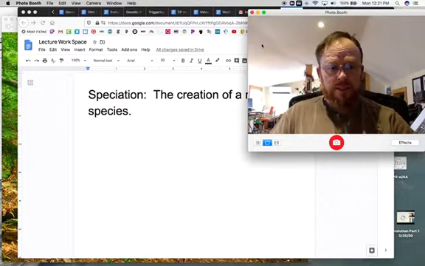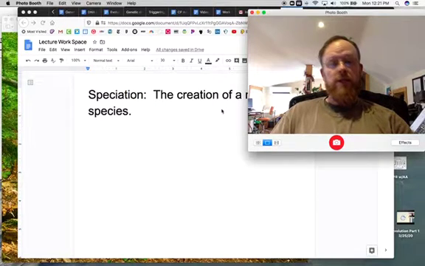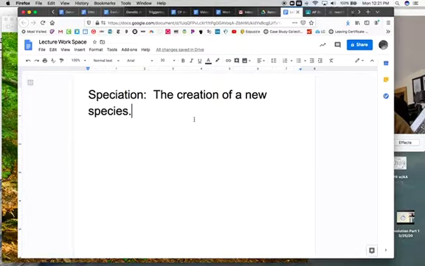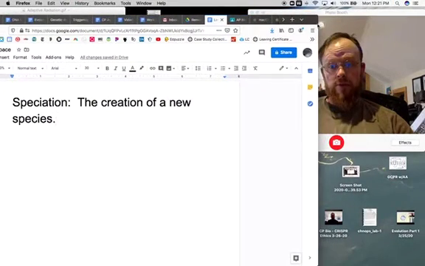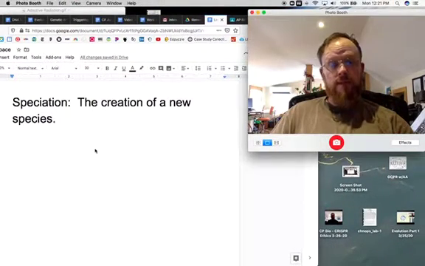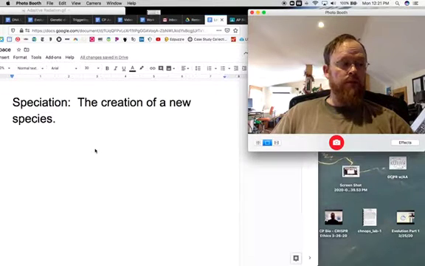One method of speciation we talked about in the last video when we talked about the predictable ways in which populations change, looking at the bell curve and then how that bell curve changes when evolution happens.